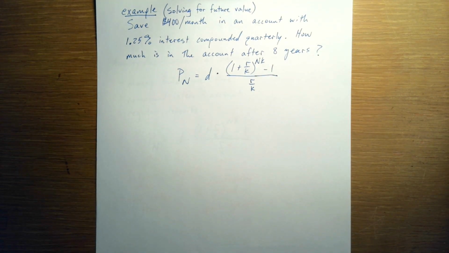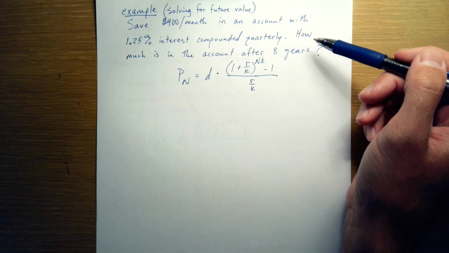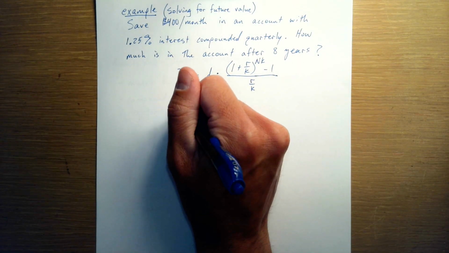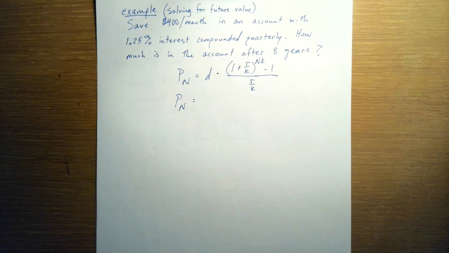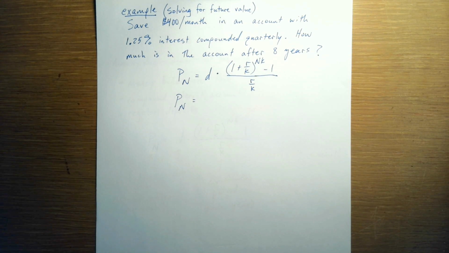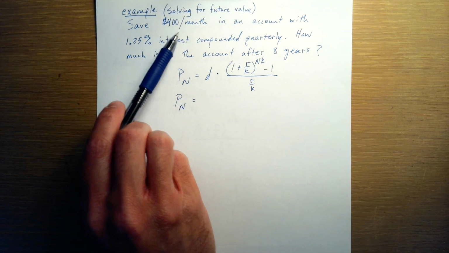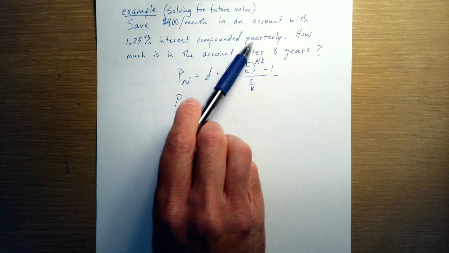So we need to identify what we're solving for. And this question is how much will be in the account after 8 years, so that's definitely a future value problem, which means we have to plug in everything else. So we start with D, but we need to notice before we just plug in D that our deposits are made each month, but our compounding period is quarterly, and so we need these two things to match up.